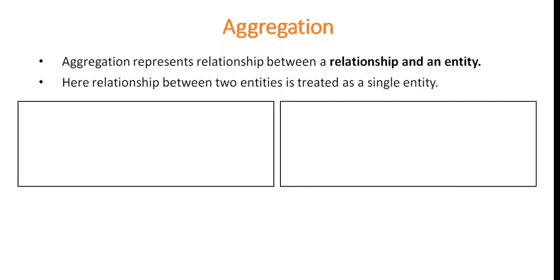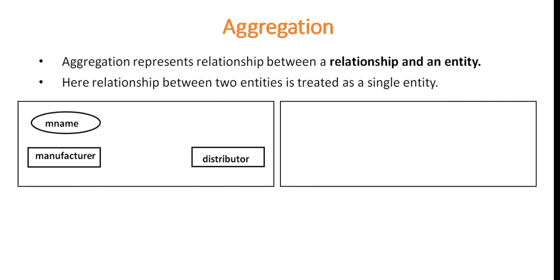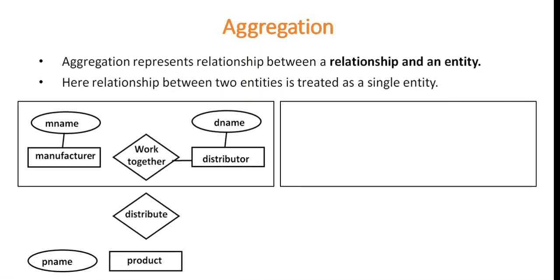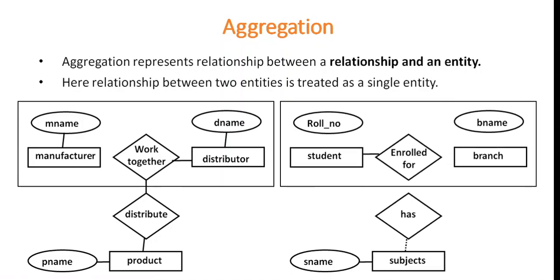Okay, so in the aggregation concept, we consider two entities, and the relationship between the two entities is treated as a single entity. For example, see here we have manufacturer and distributor. So we have these two entities, manufacturer and distributor, and both are sharing a common relationship, that is work together.